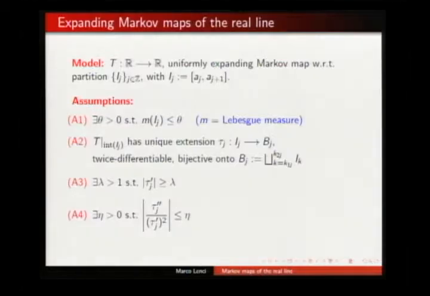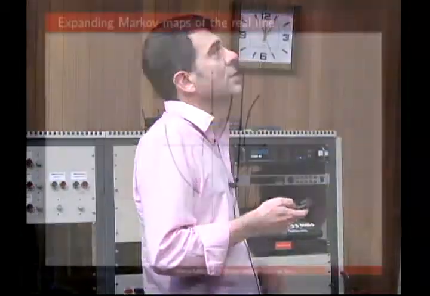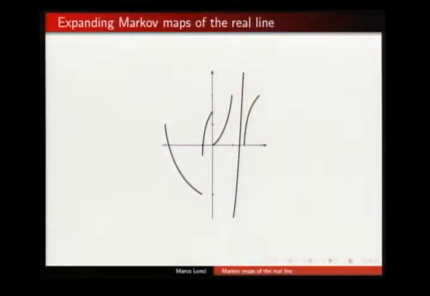You want this map to be uniformly expanding, and you want the usual distortion condition. In this case, since you are working in R, you also want an extra condition. The Lebesgue measure of this interval shouldn't be too big. This is a picture, more or less. This is what these maps look like.